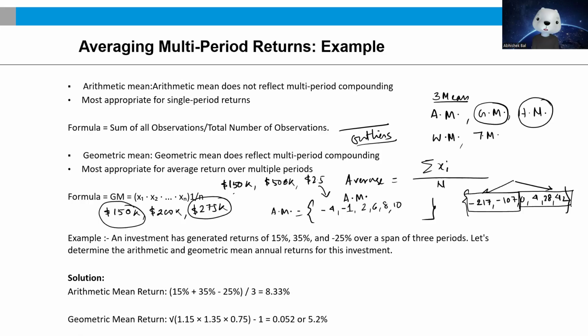Why is it so? As we have already stated, the arithmetic average by its very definition gives 1 by n weight to each of these data points.